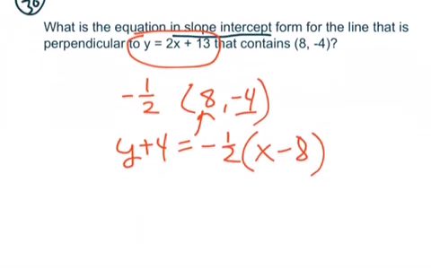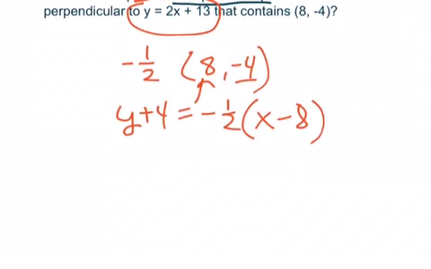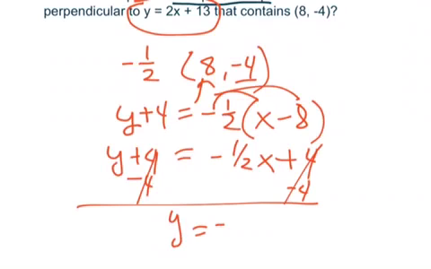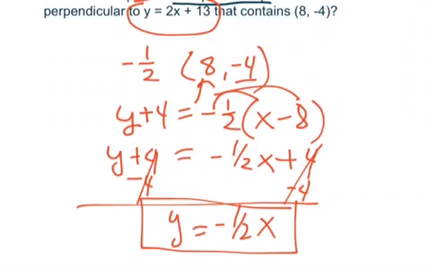We want it in slope-intercept form, so solving for y, if we distribute the negative 1/2, we'll get negative 1/2 x. Negative times negative is positive. Half of 8 is 4. So if we take away 4 from both sides, we'll get y equals negative 1/2 x plus 0. And that's our answer in slope-intercept form.